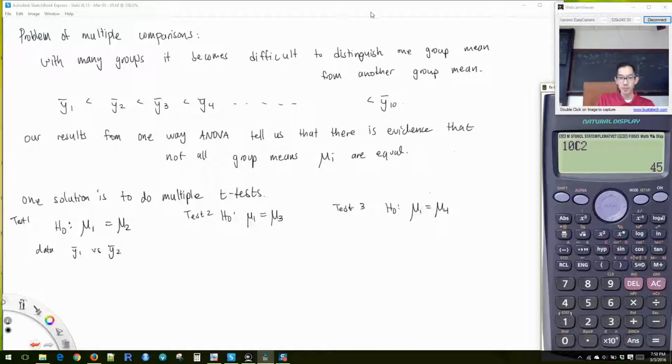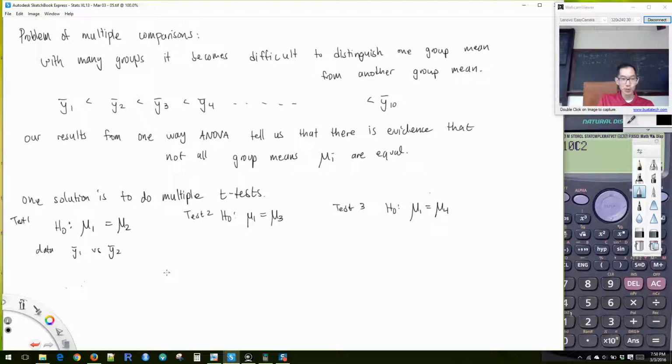So we would have a total of 45 tests to perform. Test 45 would be mu9 versus mu10. This is a lot of work, but with the help of a computer doing 45 tests, it's not too hard.